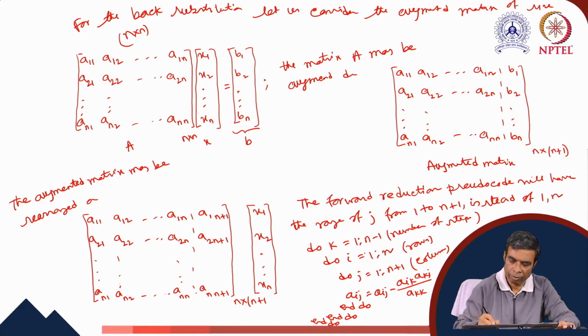Here for i, the range is k plus 1, and similarly for j also, the range is k plus 1.